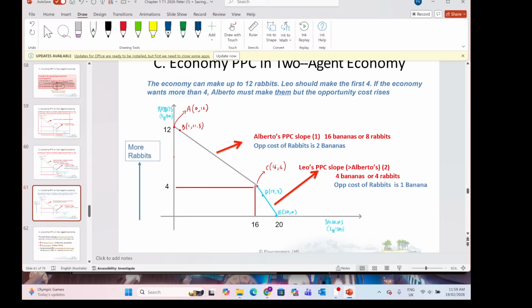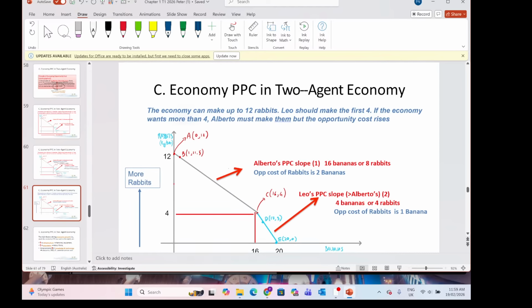As we produce more rabbits, we see that the second opportunity cost is larger than the opportunity cost for the first 4 rabbits. Okay, moving along then.